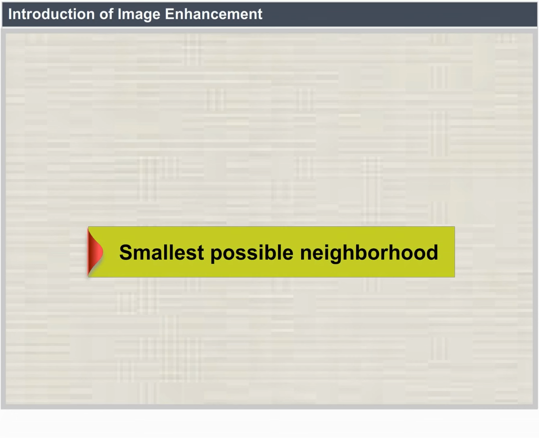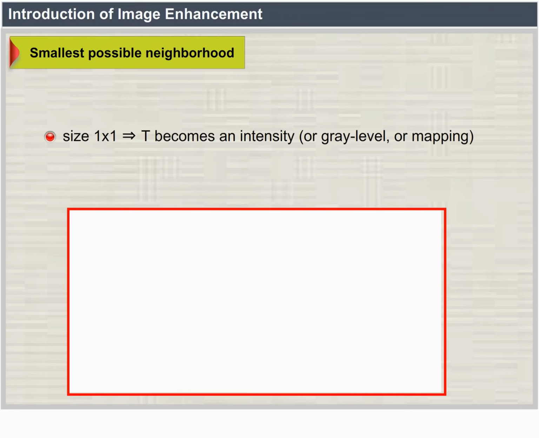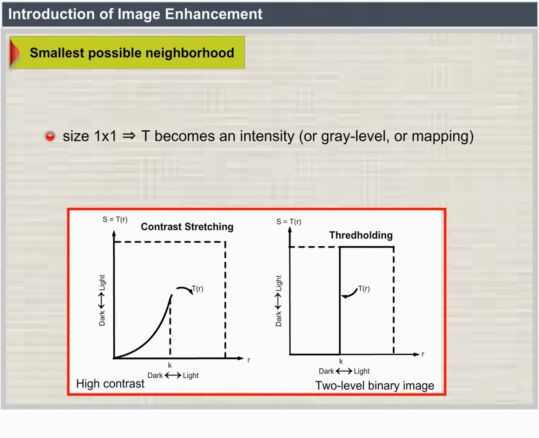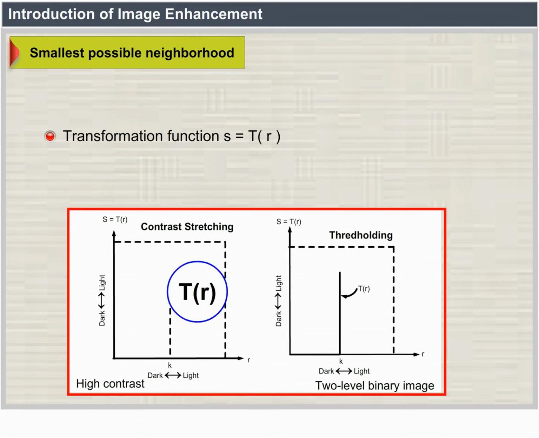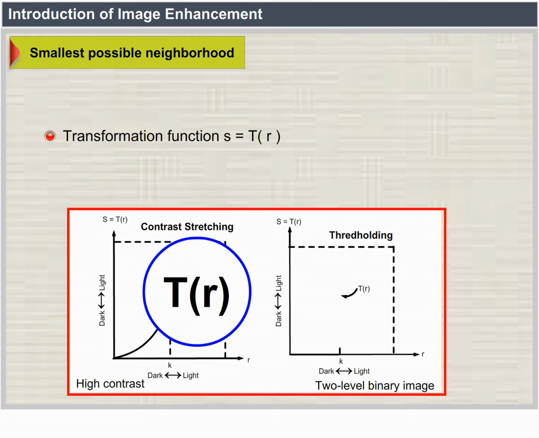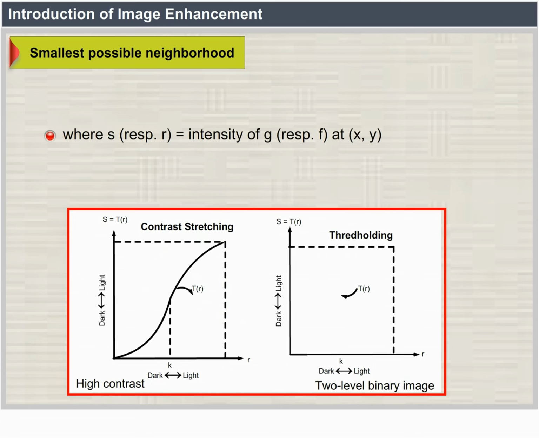Smallest possible neighborhood is size 1x1, where T becomes an intensity or gray level mapping. Transformation functions: s = T(r), where s equals the intensity of g at (x,y). Examples: contrast stretching, thresholding.